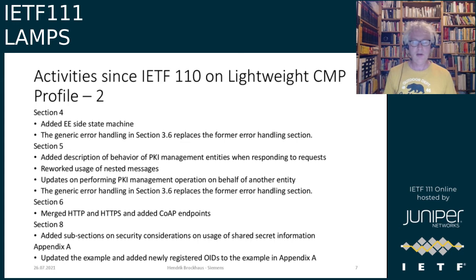And in this section, we also reworked the part on nested messages a little bit. And then we introduced section 5.3, which was there partly, and this is how a PKI management entity acts on behalf of some other entity. And then, of course, we also removed the former error handling section and referenced section 3.6.